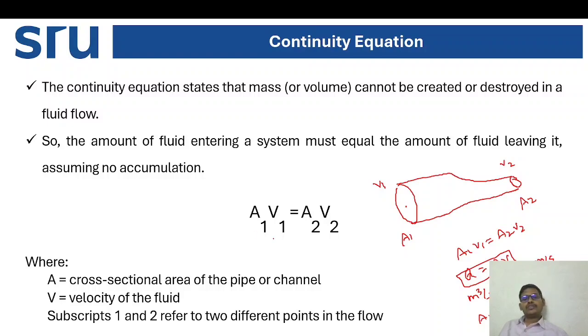So Q is equal to AV, so Q1 equal to Q2. Now A is nothing but the cross-sectional area of the pipe or channel. V is the velocity of the fluid. Subscripts 1 and 2 refer to two different points in the flow.